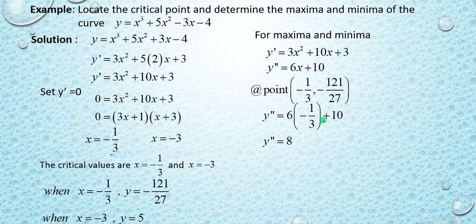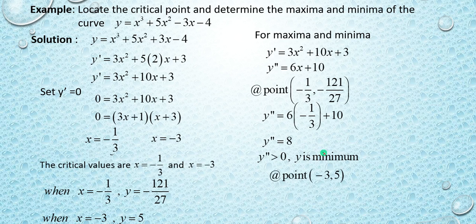Plug into the second derivative, so we have 6 times negative 1 over 3 plus 10, so we have y double prime equals 8. It indicates that y double prime is greater than 0, y is minimum.